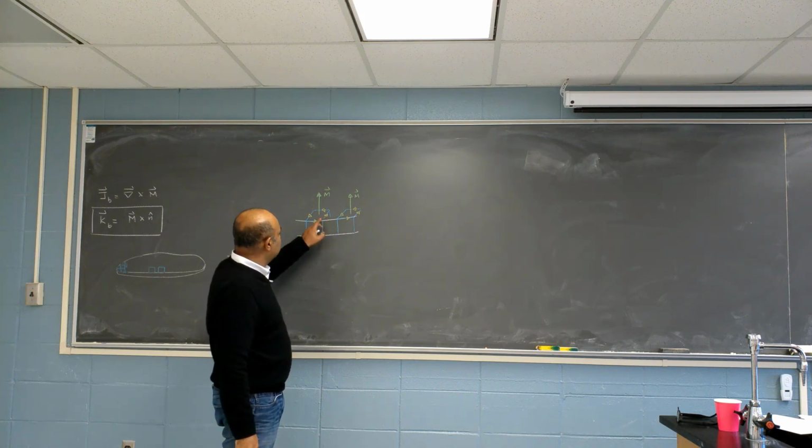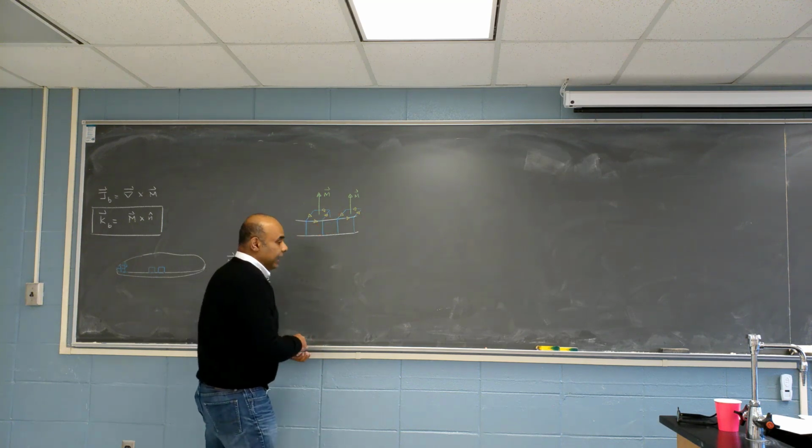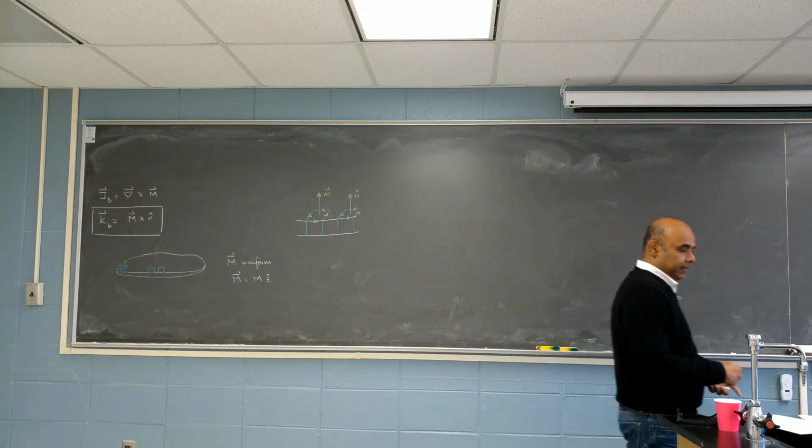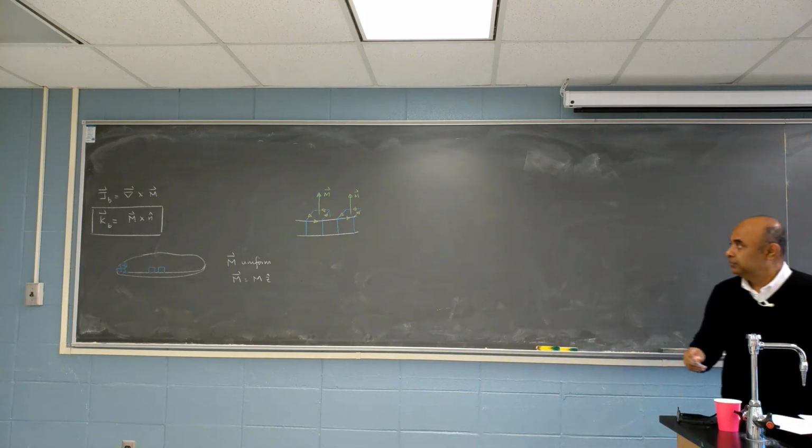Because look, this is going inward, this is coming outward. They cancel each other. So you could get a K along the surface.